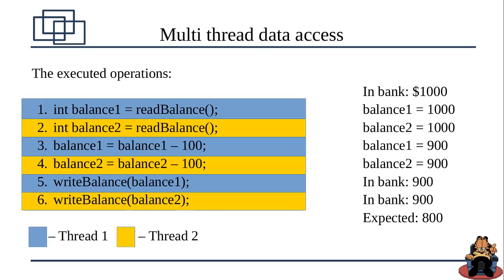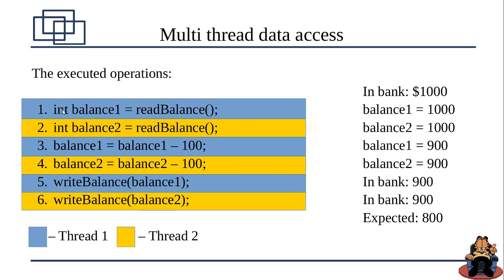Okay, where was I? The blue is thread 1, the yellow is thread 2. You need to remember that each thread can run simultaneously, and this order of execution is only to show you what could happen if you write your application incorrectly.